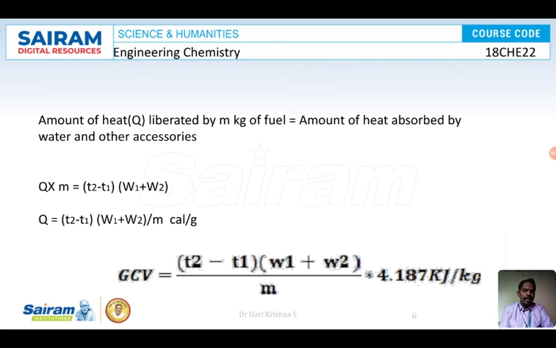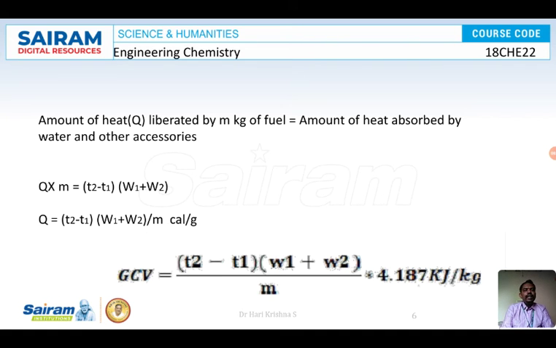It might be the calorimeter and the stirrer, etc. It is given by W1 plus W2. What do you want? You want amount of energy liberated, right? So for that, retain this Q over here and kick this M to the denominator. When you kick this M to the denominator, you get Q equals T2 minus T1 into W1 plus W2 by M calories per gram. Okay, this is in calories per gram.